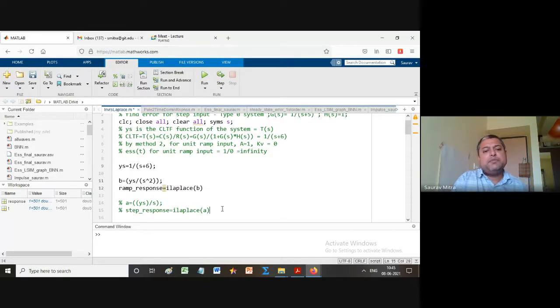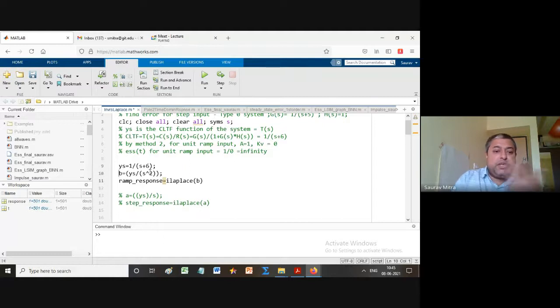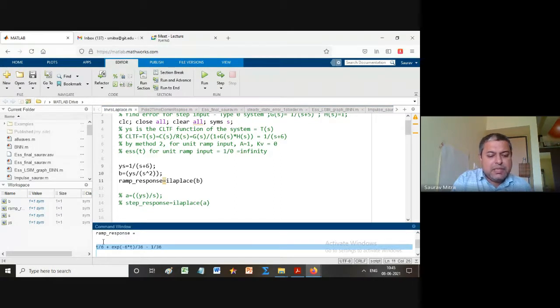Now for ramp response we have to do Y(s) by s square. That is the unit ramp response. If it is 3 ramp response, then this Y(s) should be multiplied with 3. So B(s) is equal to Y(s) by s square, the ramp response. Just check the inverse Laplace, take that into the time domain and plot it. And you have to show that the error becomes infinity.